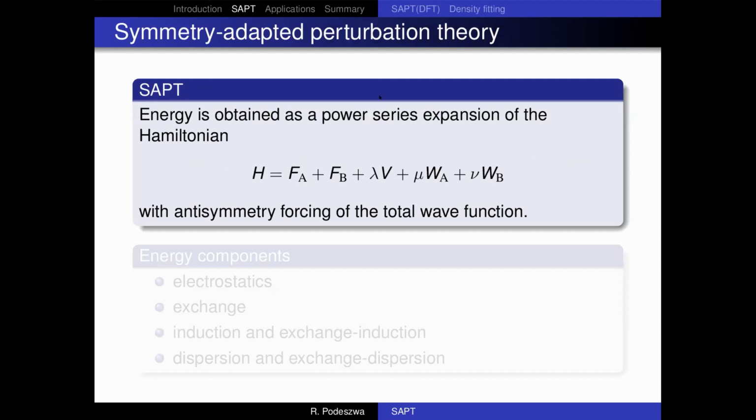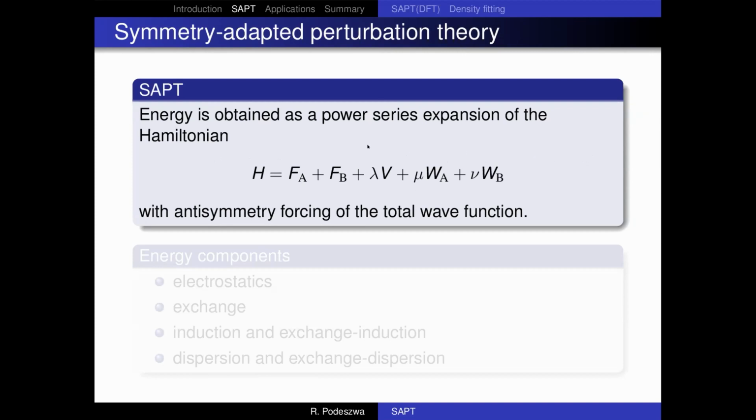So symmetry adapted perturbation theory is an example of this perturbative approach. You can call it SAPT or SAPT, and energy is obtained as Rayleigh-Schrödinger expansion of the interaction energy, but there are some distinct features. It's actually a triple expansion.